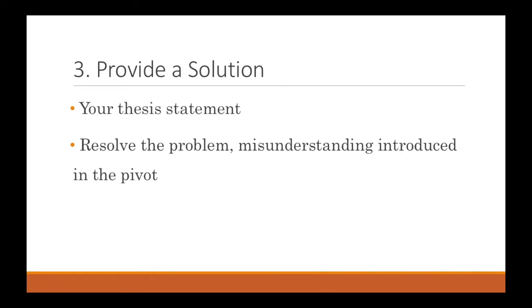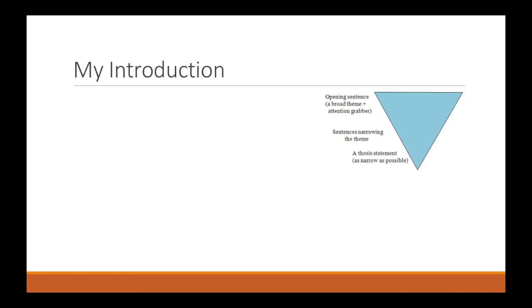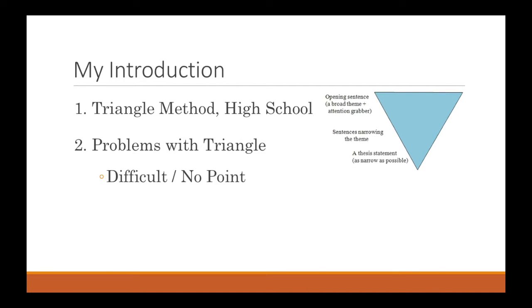I mean, if I had begun this video and said, look, you've learned about the triangle method, here are some problems with it, good luck with that, you'd be right to think, well, this is pretty lame. What's the point of telling us what's wrong if you don't try to address that problem in any way? So instead, what I did is after establishing a baseline, pivoting from that by introducing some problems, disrupting that baseline, I offered a solution, which is this three-step model.